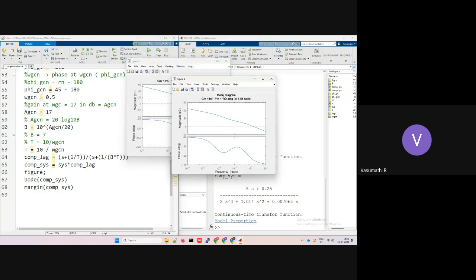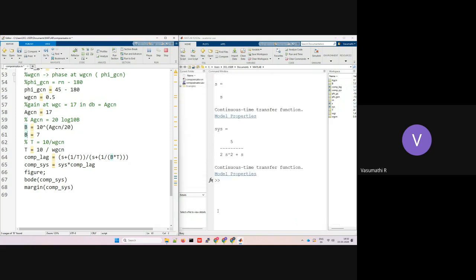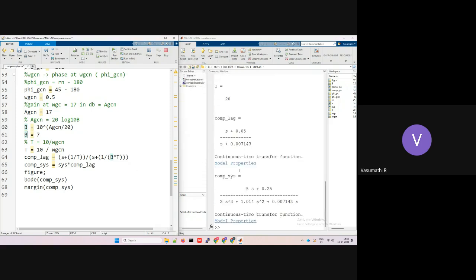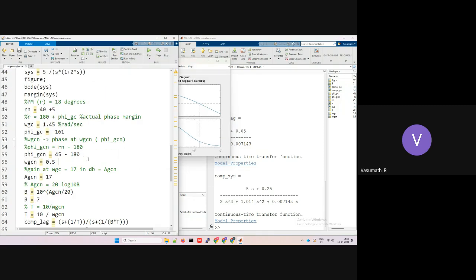So there is a deviation of 16 point something. So if we put beta equal to 7, let's take, we will redefine this. 16.4. Okay. We just have to redefine this formula a little bit.